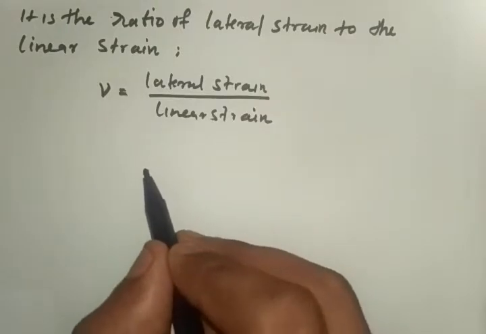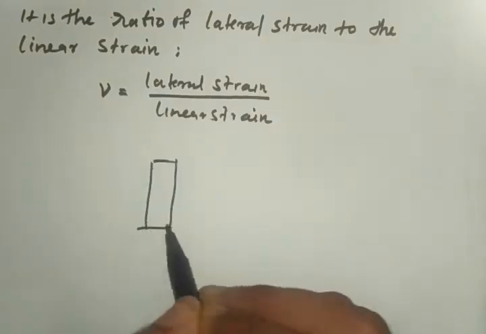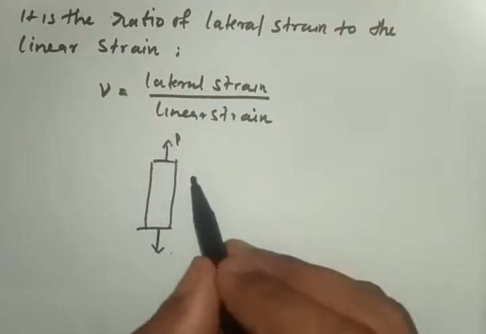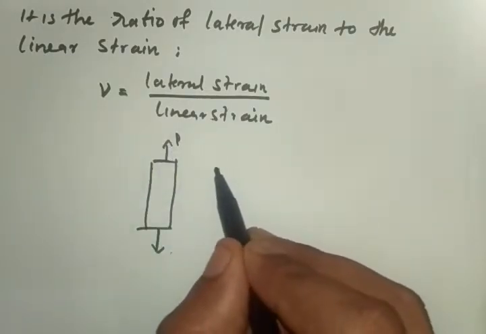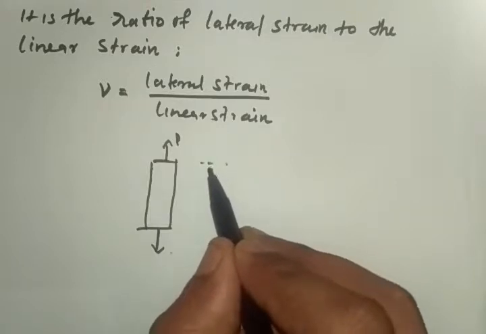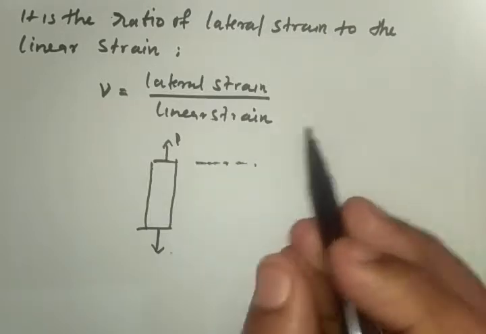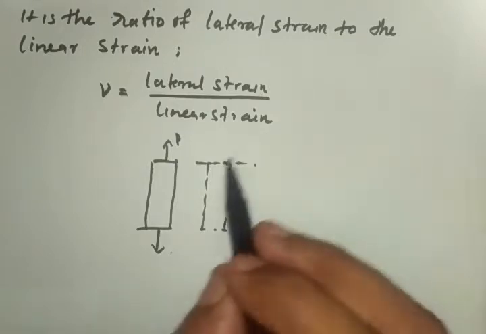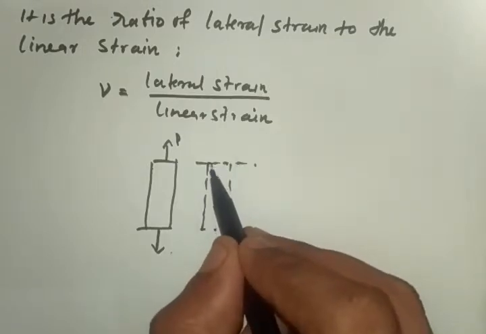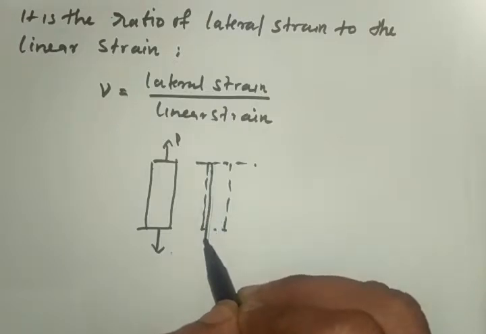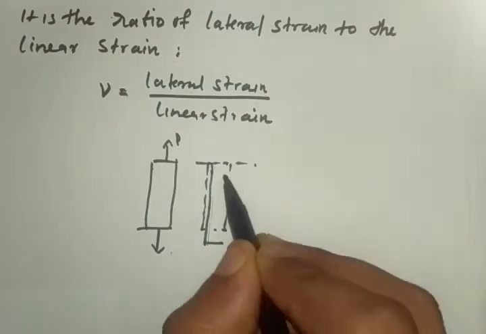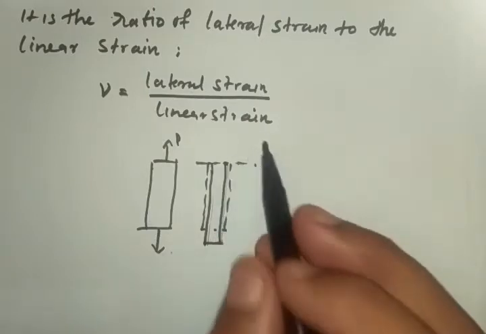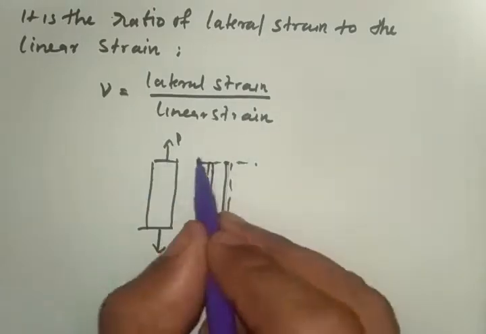You have something which is applied by a force P, and after the application, this is the initial dimension. After the application you can see that there is a decrease in the width.